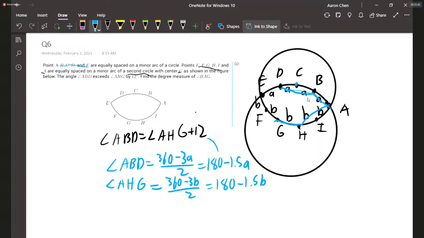And so you can plug these back in, and that tells you that 180 minus 1.5a is equal to 180 minus 1.5b plus 12. When you simplify this, it gives you the relation a equals b minus 8.